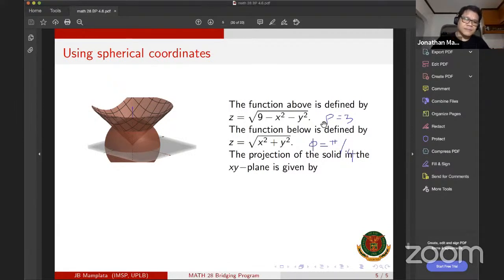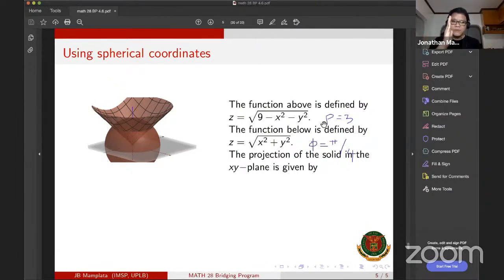Okay? Now, how about for phi? Yung phi naman natin, again, magsisimula tayo with the positive z-axis. Okay? So you have a ray or a line segment in the positive z-axis. Ang gagawin mo lang, yung phi kasi is yung angle na nafo-form from the positive z-axis pababa.